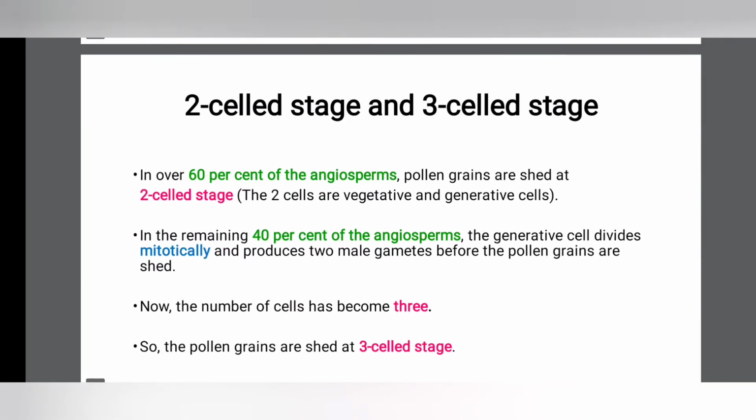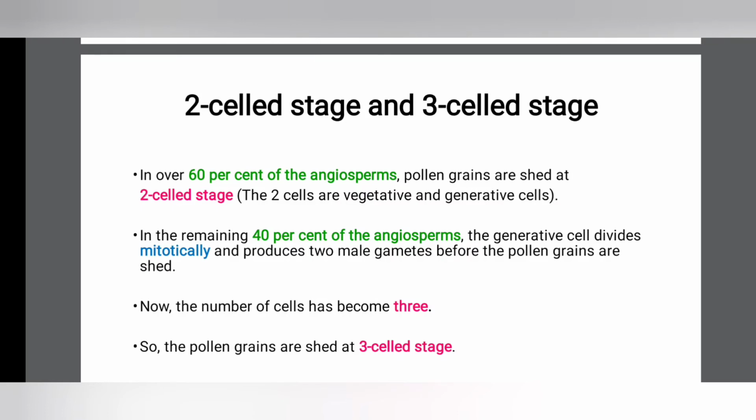Now comes the very important point: two-celled stage and three-celled stage. What is meant by these two terms? In over 60% of the angiosperms, pollen grains are shed at two-cell stage. What is meant by two-cell stage? When they contain only two cells, that is the vegetative and generative cells.